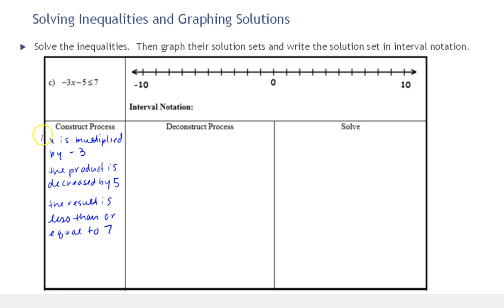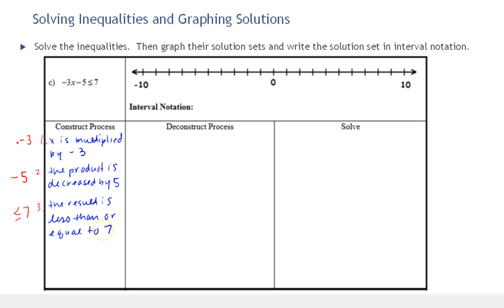Okay, so this was our first step, second step, third step. Okay, let's write our shorthand. We multiplied by -3, then we decreased by 5, and then we had the result is less than or equal to 7. Now let's use our deconstruct process.